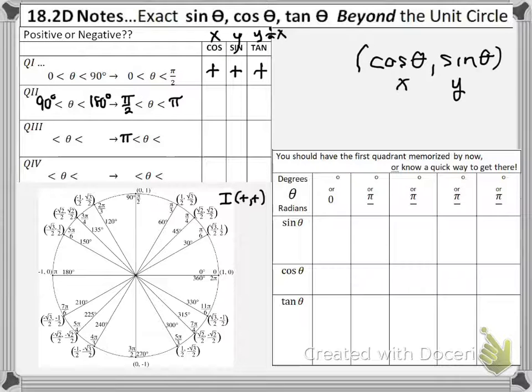Let me do my degrees. If this one left off at 180, I'm going to start with 180 degrees. If I look at my unit circle, I'm going from 180 degrees, which is pi, up to 270 degrees.